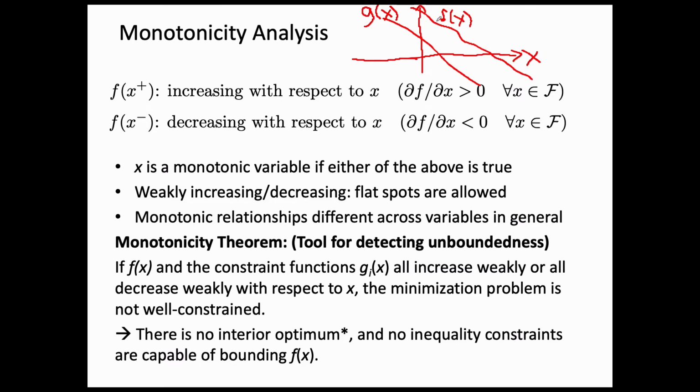Applying this assumption that we have this problem formulated in negative null form, I can identify the values of x that are feasible. G of x is less than 0 to the right of this line, and it's greater than 0 to the left.